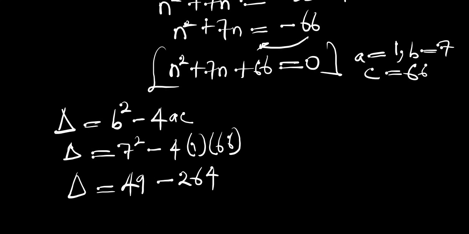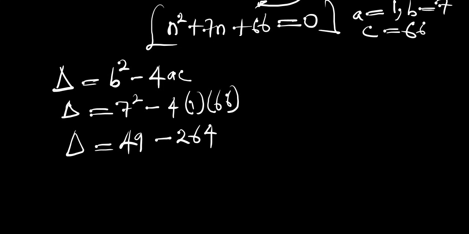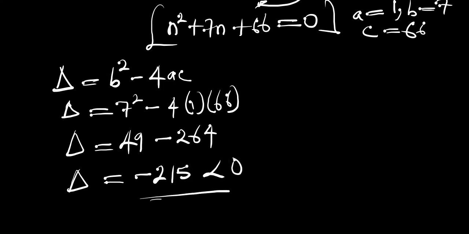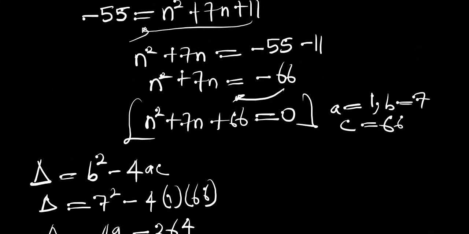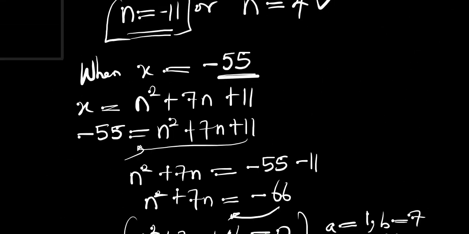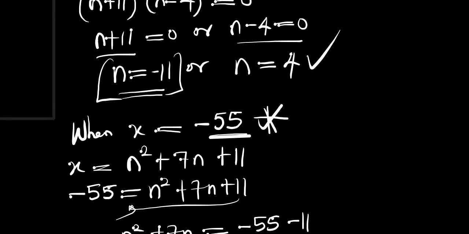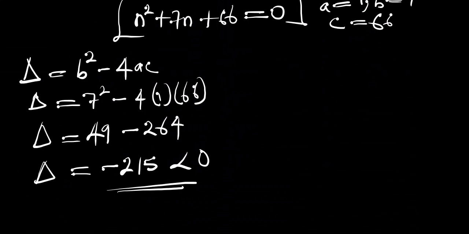So if you subtract 264 from 49, you are going to have discriminant equals negative 215. And this is less than 0, meaning that this will give us a complex solution. So we are not going to consider this value of x. So the only real solution we have at this point is n equals 4. So that is it for the video. Thank you and goodbye.